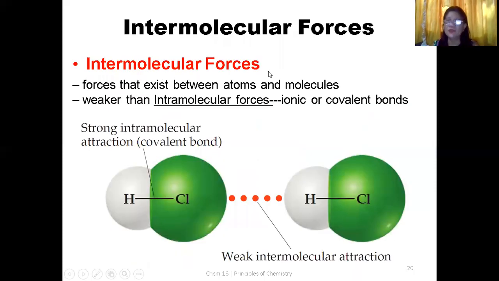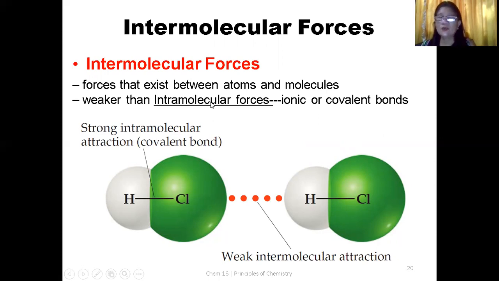So for the intermolecular forces, what is intermolecular forces? This is a kind of a bond. The bond that exists, the one that holds the molecules, that's the IMF, intermolecular force. So it's a force that exists between atoms and molecules, weaker than intramolecular force.